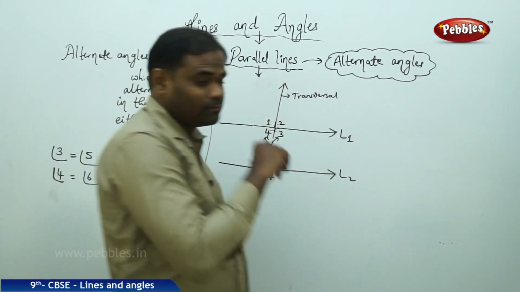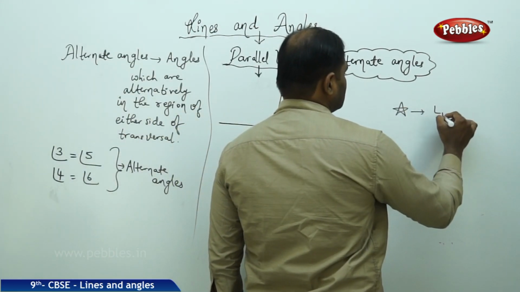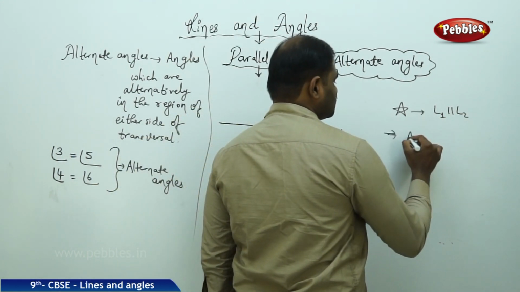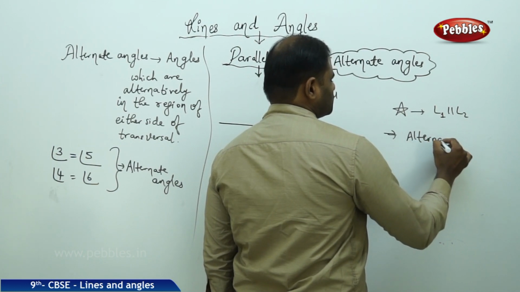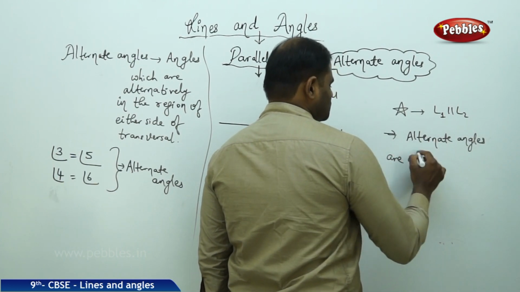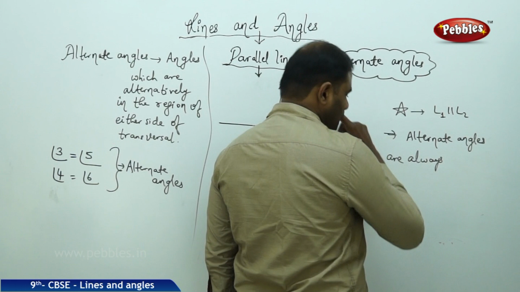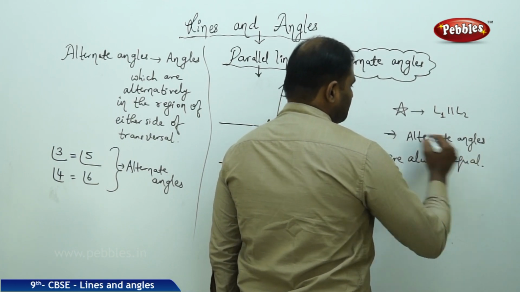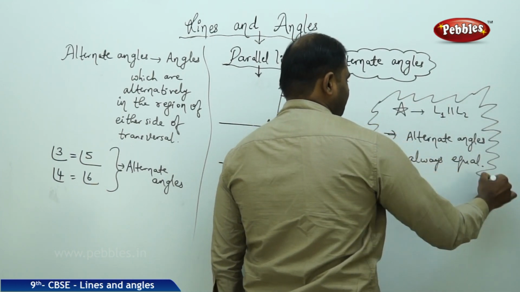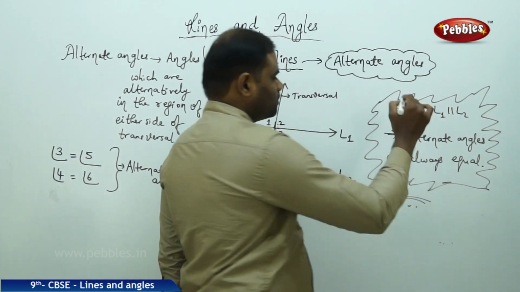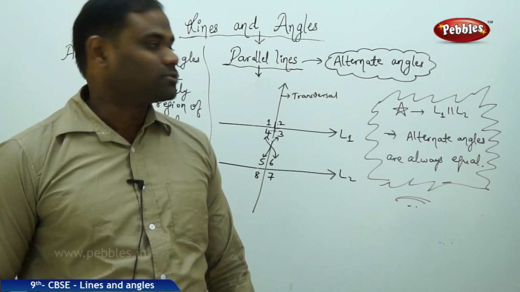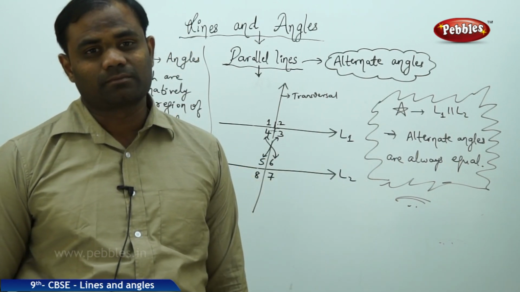And mathematically, we have the property which says L1 parallel to L2 implies alternate angles are always equal, is how we have the property which says alternate angles are always equal in case of two lines L1 parallel to L2.